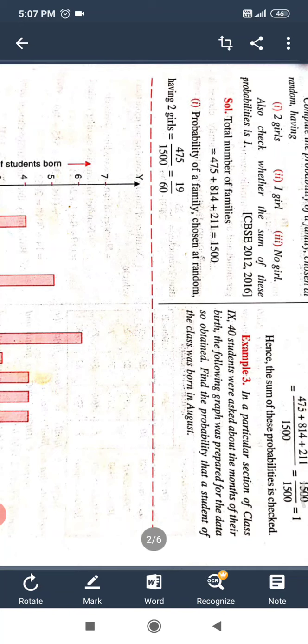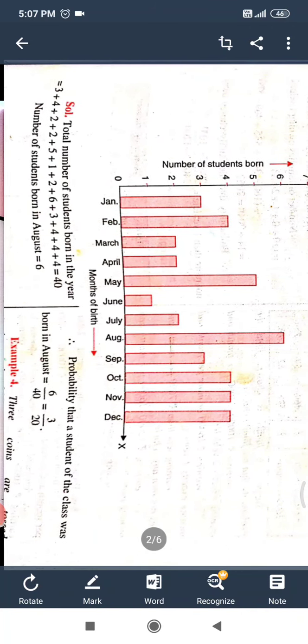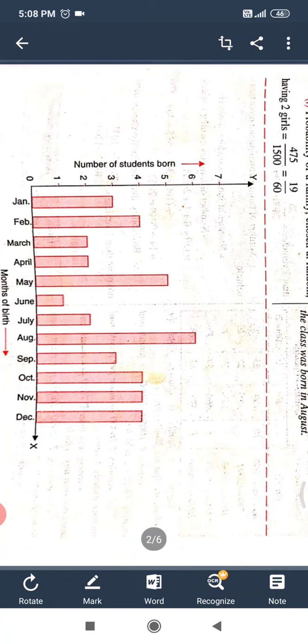Okay, now see the graph. On the X axis is the month of birth: January, February, March up to December, and on the Y axis is the number of students born. How can we read it?